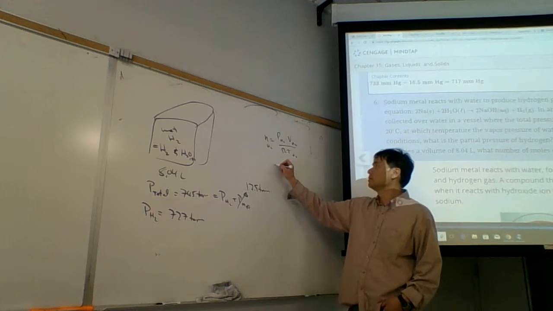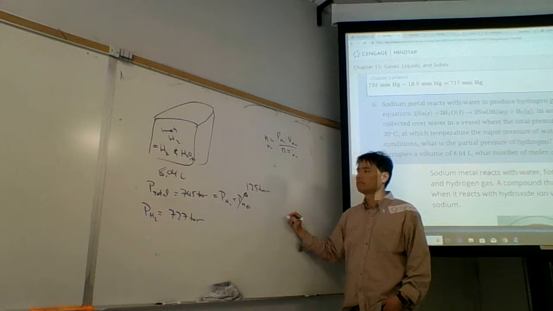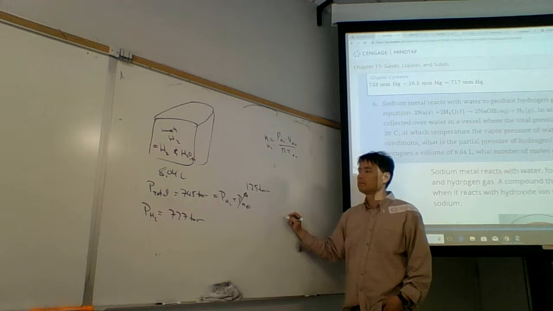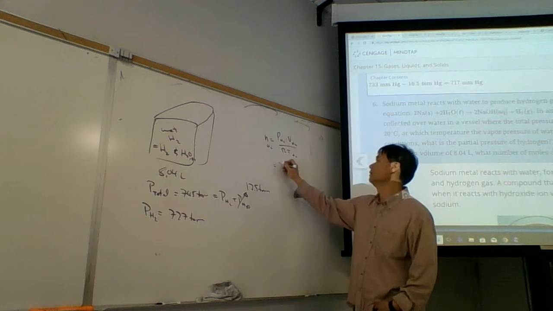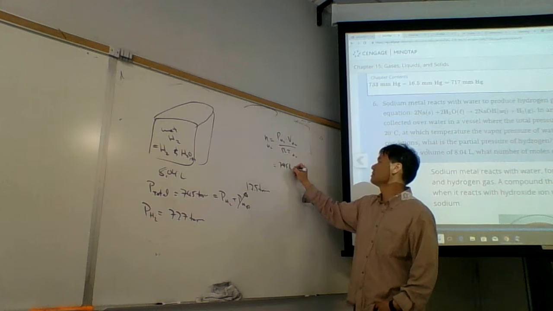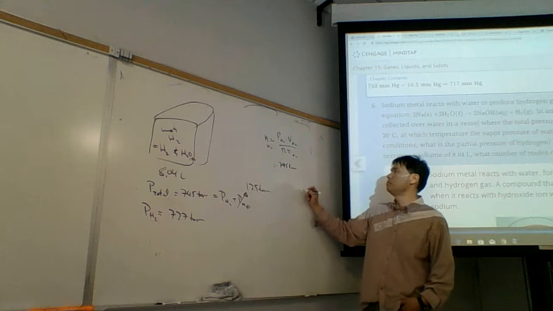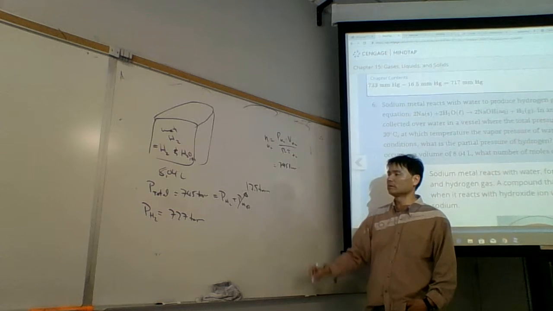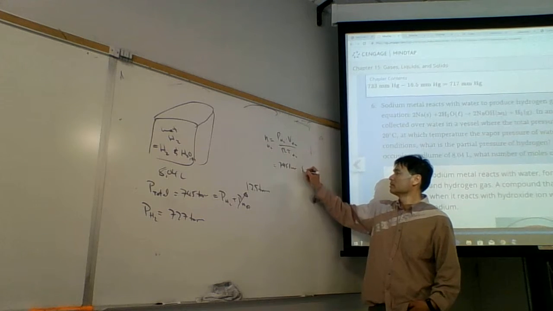So in this case, if I want the moles of hydrogen, what is the pressure of hydrogen? 745 torr, okay. So if I say the pressure of the hydrogen is 745 torr, then what is the volume? 8.04 liters.